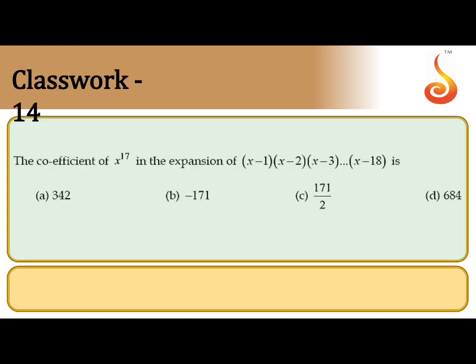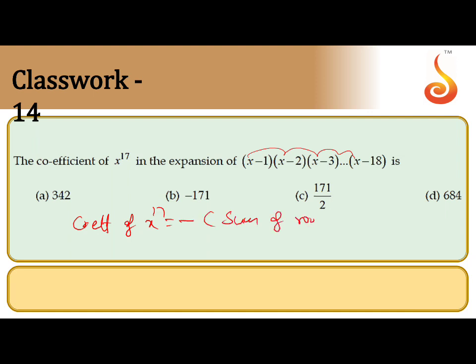So here, the coefficient of x power 17 in the expansion of (x - 1)(x - 2) and so on up to (x - 18). If you multiply the entire expression, the highest power is x power 18 because 18 factors are there. We want x power 17, which means the next coefficient, the second term's coefficient. There is a logic here: the coefficient of the next lower degree term of the given expansion is minus the sum of the roots.